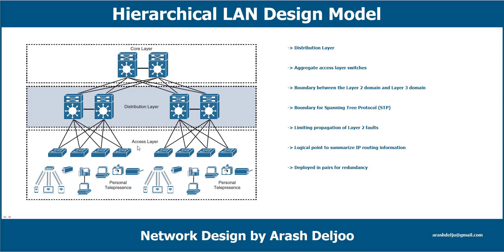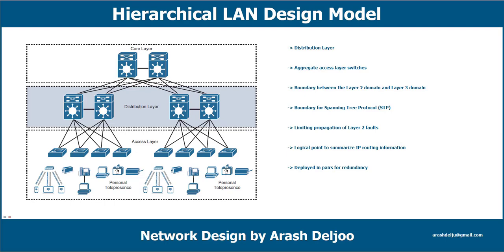These two features, the boundary for STP and limiting the propagation of layer 2 faults, occur on the layer 2 side. On the layer 3 side, with the core layer, this is a logical point to summarize IP routing information.